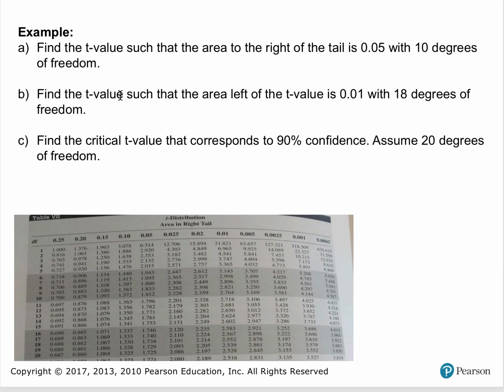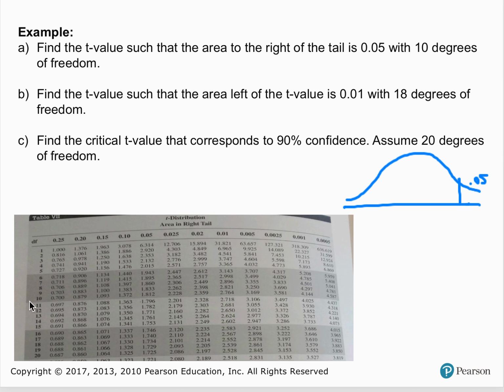Okay. So find the t value such that the area to the right of the tail is 0.05 with 10 degrees of freedom. Well, right of the tail, that's exactly what this is telling me, right? So this is 0.05. So I can just look and read my chart exactly.